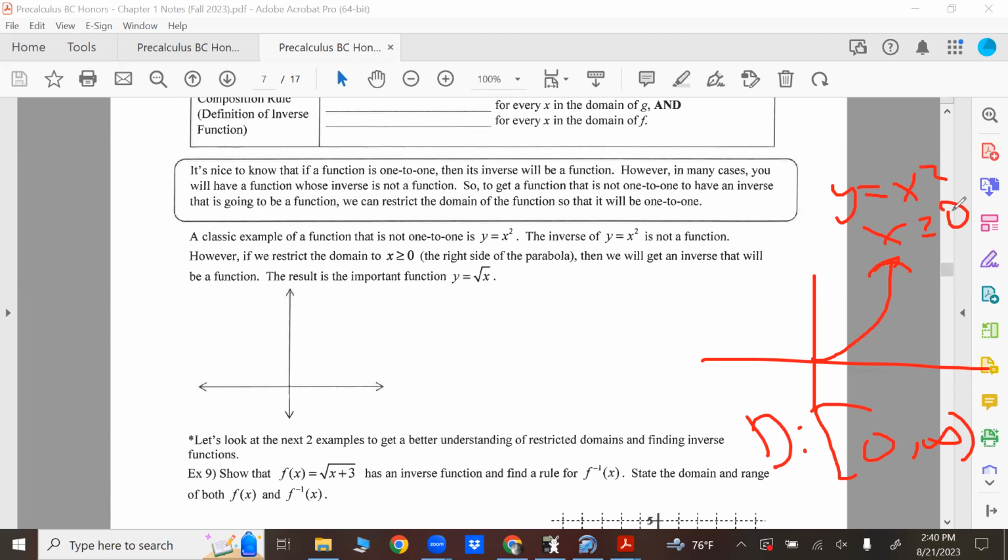So therefore, its inverse will also be a function, but there'll be a restriction that you have to show as well. In this case, we restrict to x greater than or equal to 0, the right side of the parabola. When you switch x and y and take the square root, technically y equals plus or minus root x. However, if you have a restriction for the domain, what's going to be the restriction for this then?